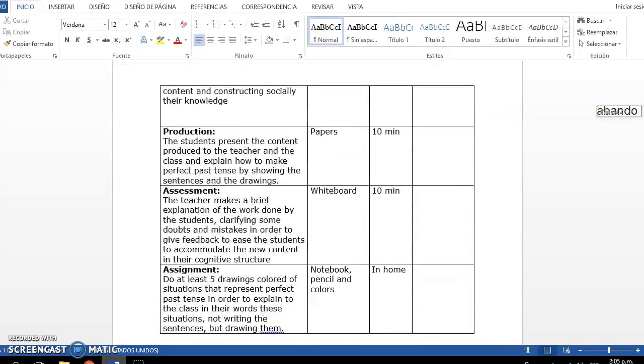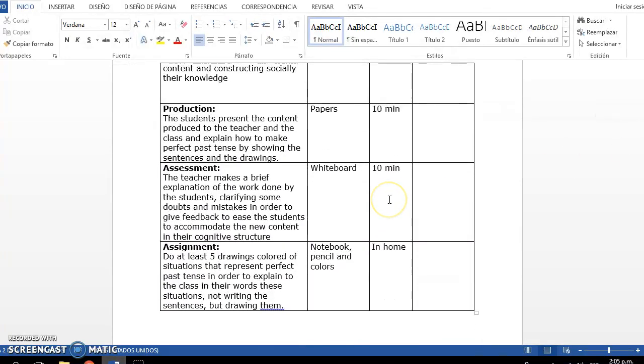And that's all. Production: the students present the content produced to the teacher and the class and explain how to make perfect past tense by showing the sentences and the drawings. At this stage, they will use the papers that they have drawn and use about 10 minutes for the groups to represent this.